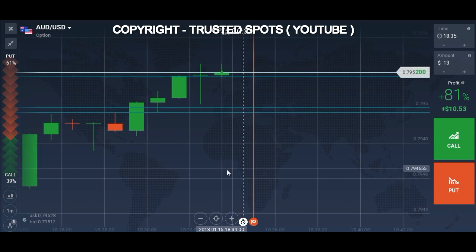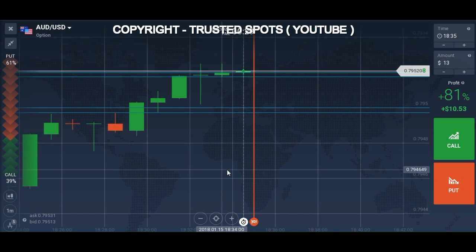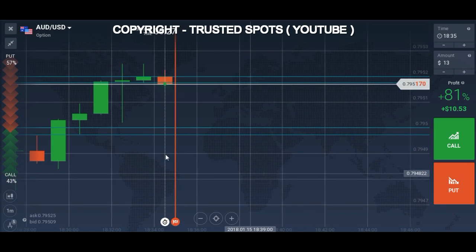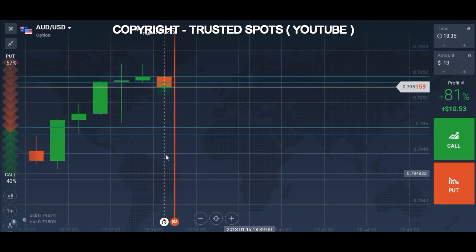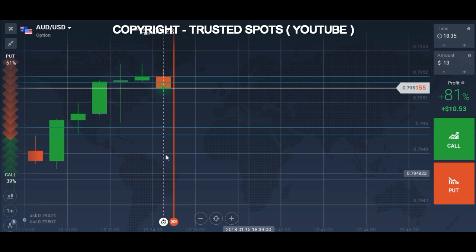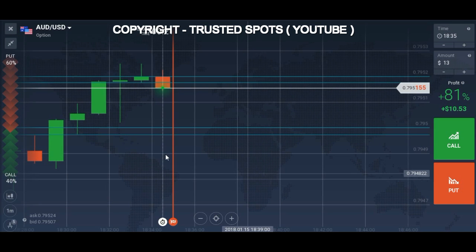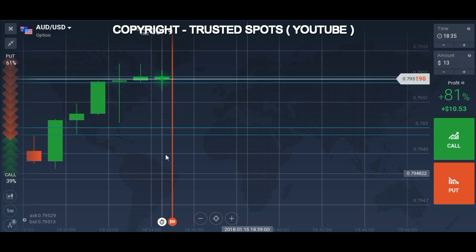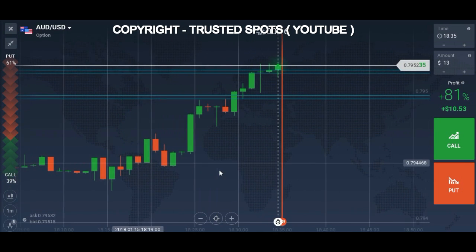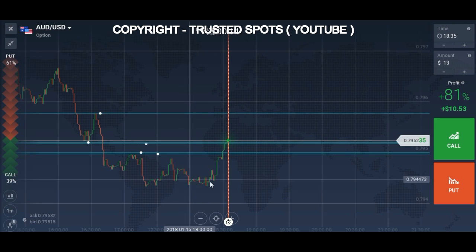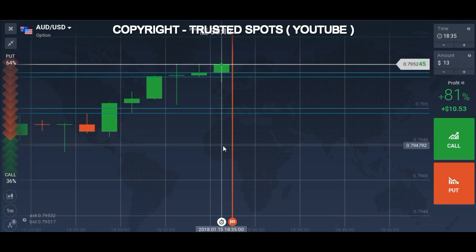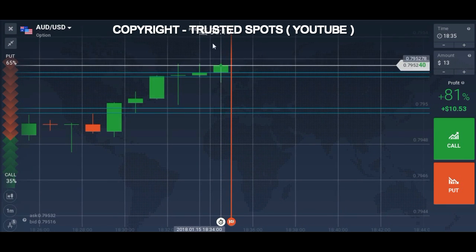Okay, it's getting weaker. Let's see if this candle is going to cross the level or not.